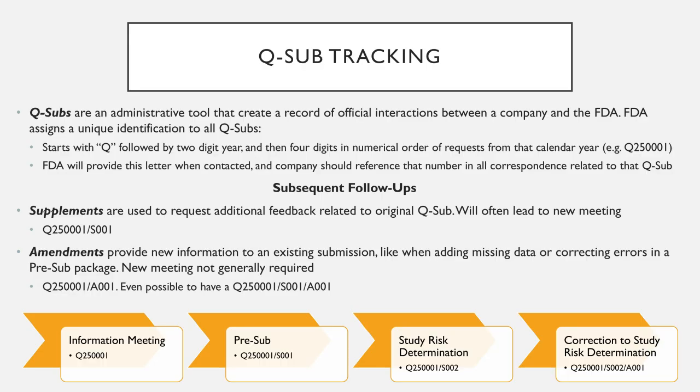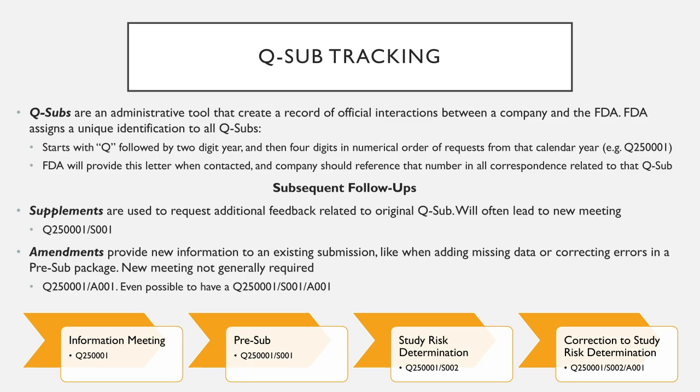So at the very end of it, you might have Q25001, supplement number 2, amendment number 1, tacked on this official communication. And whenever you email and submit these back and forth with the FDA, you use these numbers in all the subject headings or the bodies of the emails, your cover letters, so the FDA can keep track and know appropriately where to file it on their end.